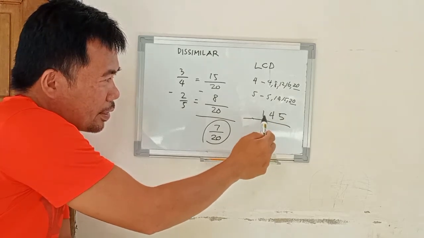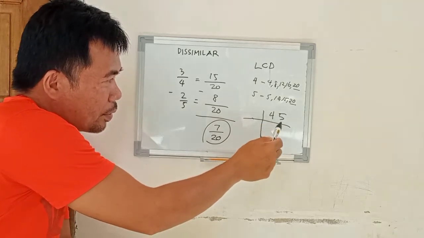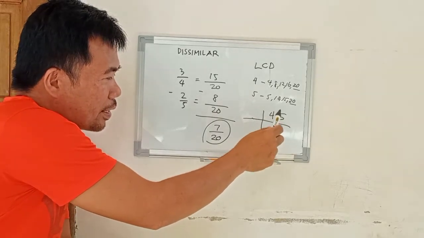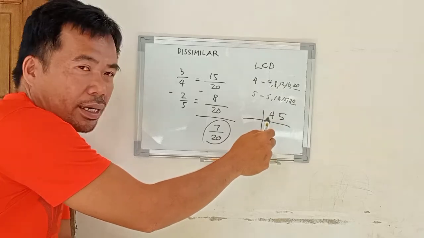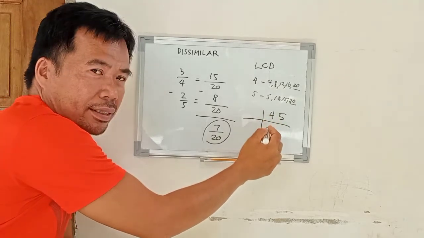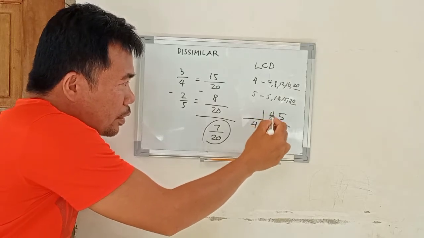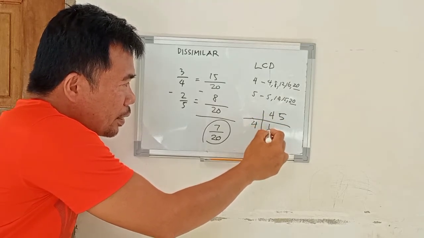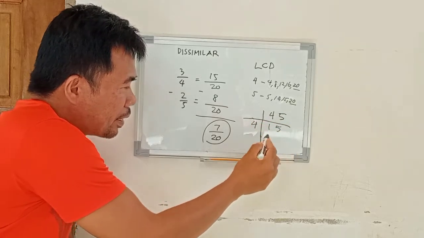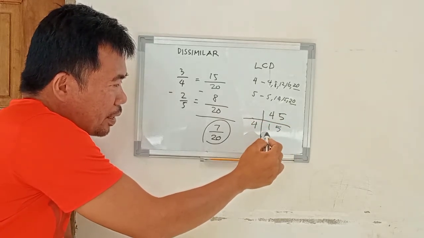In this example, there is no specific number that can divide both of them. So we will just divide them individually. First, 4. The number that can divide 4 is 4. So 4 divided by 4 is 1. 5 cannot be divided, so bring down 5. The remaining numbers now are 1 and 5.